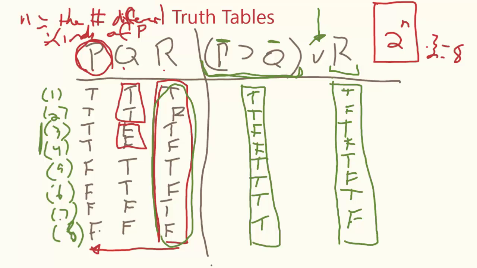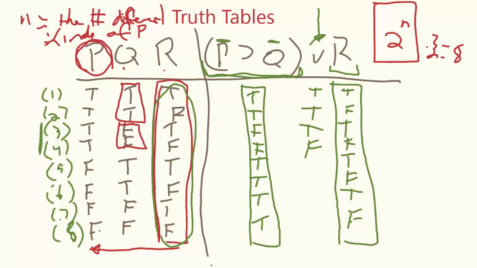Now that we have the truth conditions for our left disjunct and the truth conditions for our right disjunct, we're in a position to determine the truth conditions for our main operator, which is a disjunction. And a disjunction is true just in case at least one of its disjuncts is true. So we look for any case in which both of the disjuncts are false.